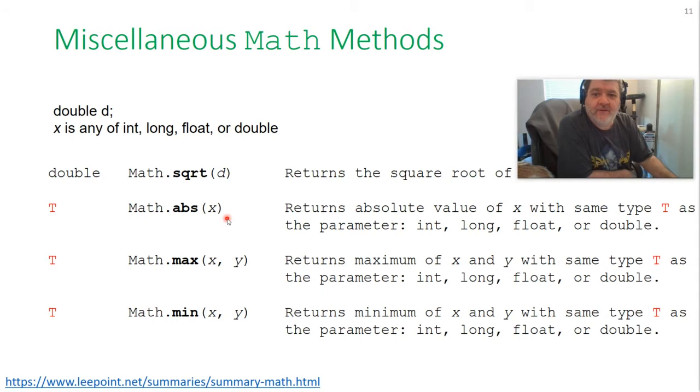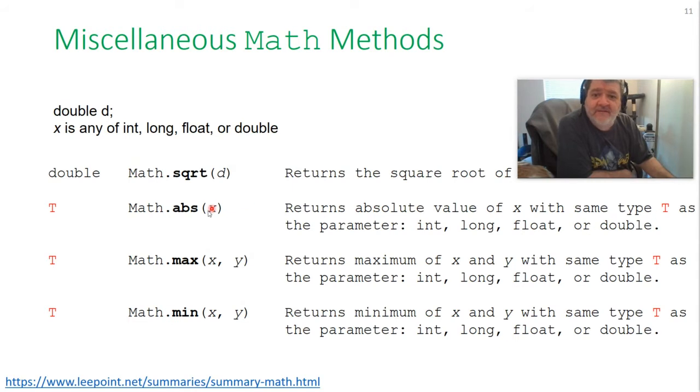So absolute value is interesting because for most of the methods here, when I put the summary like that on the slide, I said it returns a double, it returns a float, whatever. Here, we say it returns T. So T is not a data type, it's just a notation I use in the slide to mean what is explained here.